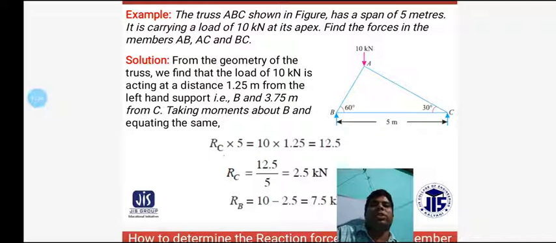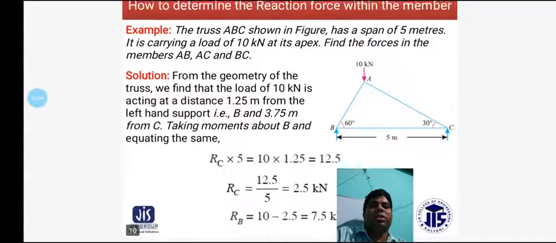Now from the geometry of the truss, we find out the load of 10 kilonewton is acting at a distance of 1.25 meter from the left hand support, that means B, and 3.75 meter from C. Taking moment about B and equating the same.